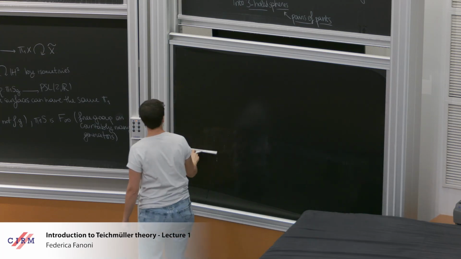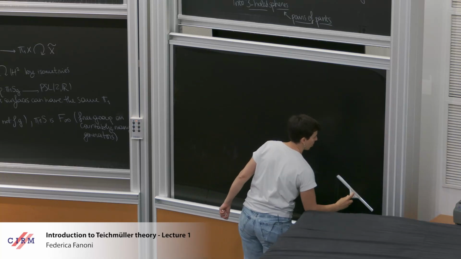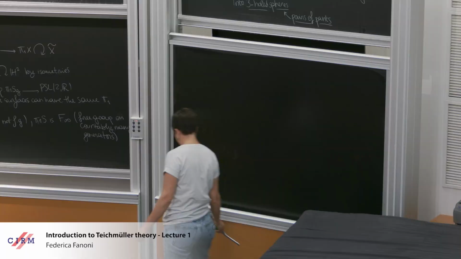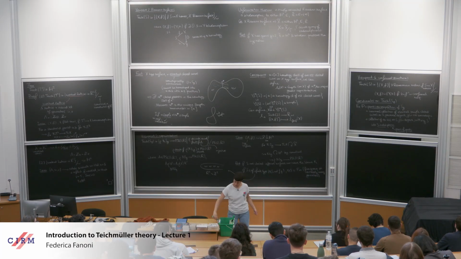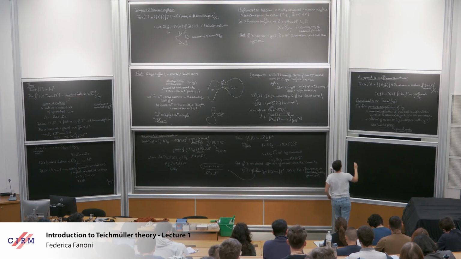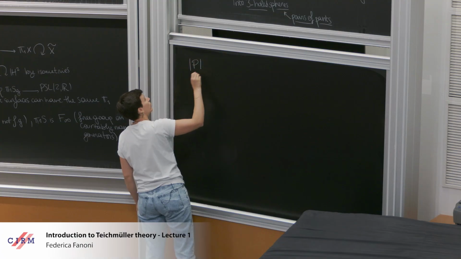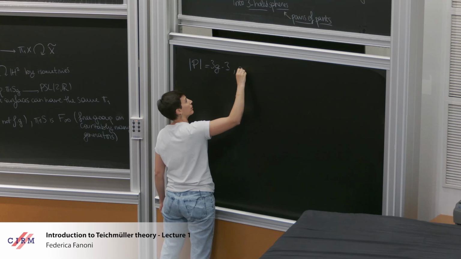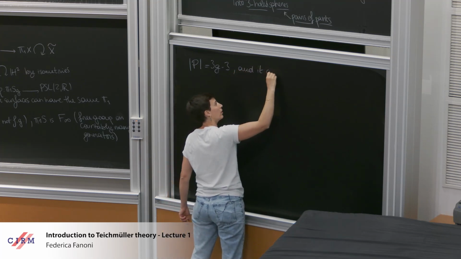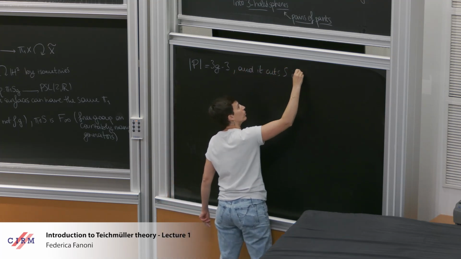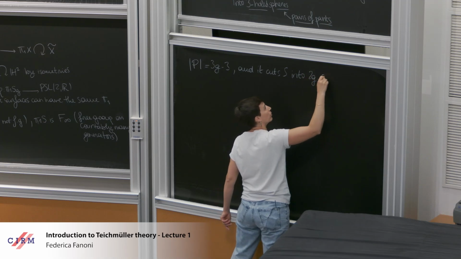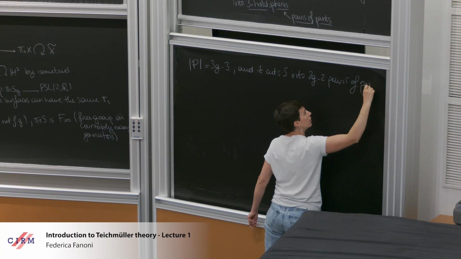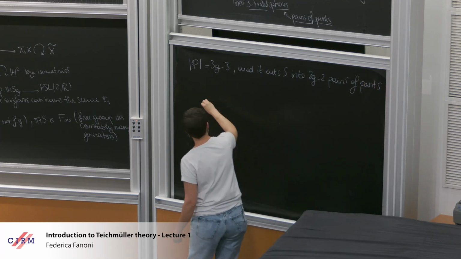I'm going to draw one in a second. So this has 3g minus 3 curves, and it cuts into 2g minus 2 pairs of pants.